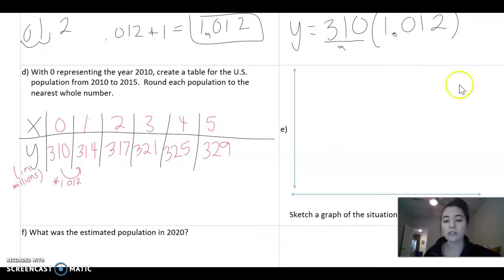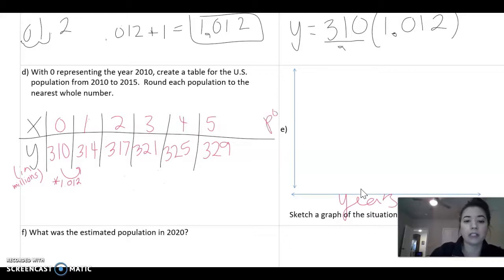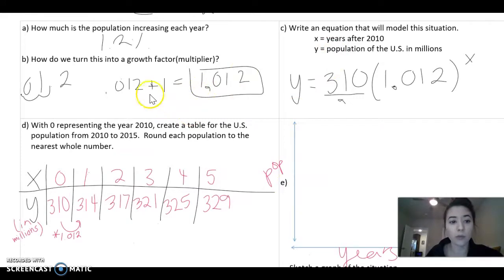For sketching a graph of this situation, we have our years down here as we're going through time, and this is obviously our population. Now, looking at this, we are starting at 310. So I want to start my graph not here at my intersection, because this represents 0. I'm not starting at a population of 0.